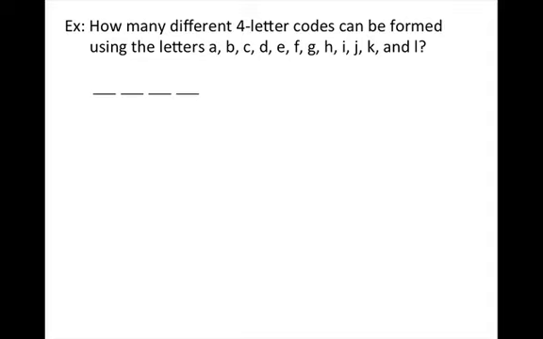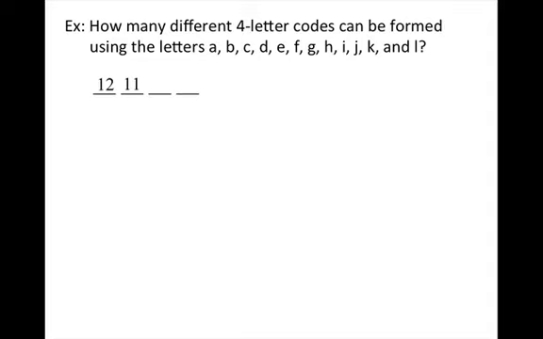So of the letters listed, I have 12 possible choices. So the first letter in my code, I have 12 options. Once I use a letter for that first position, that only leaves me 11 remaining letters for the second position. So for the second letter in my code, I only have 11 options. Now I've used 2 letters of my 12 total.